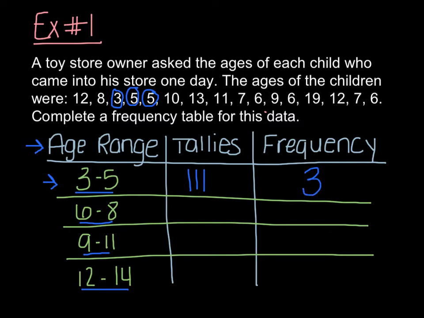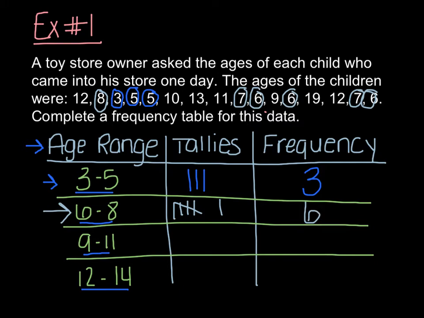Now let's go ahead and look for kids between the ages of 6 and 8. We have 1, 2, 3, 4, 5, 6. So let's make 6 tallies. And the number is 6.